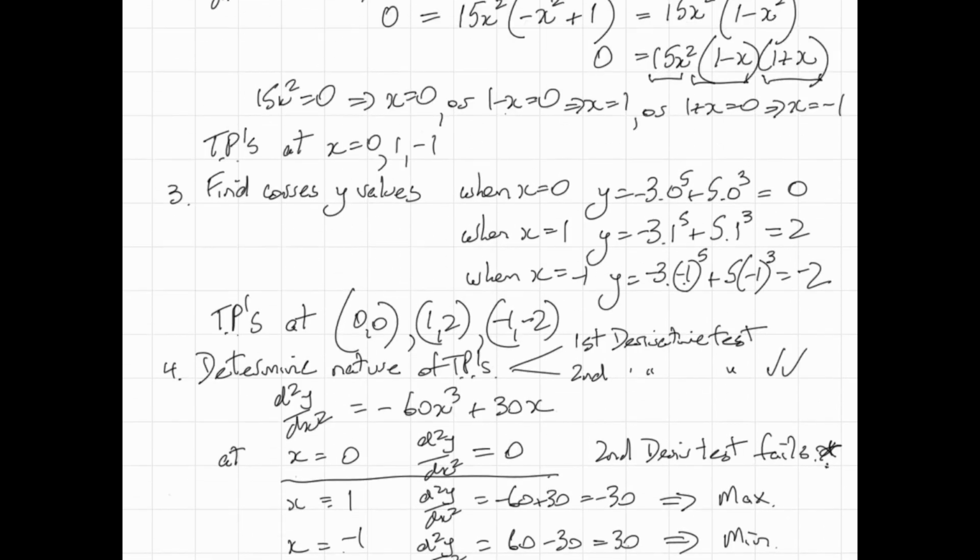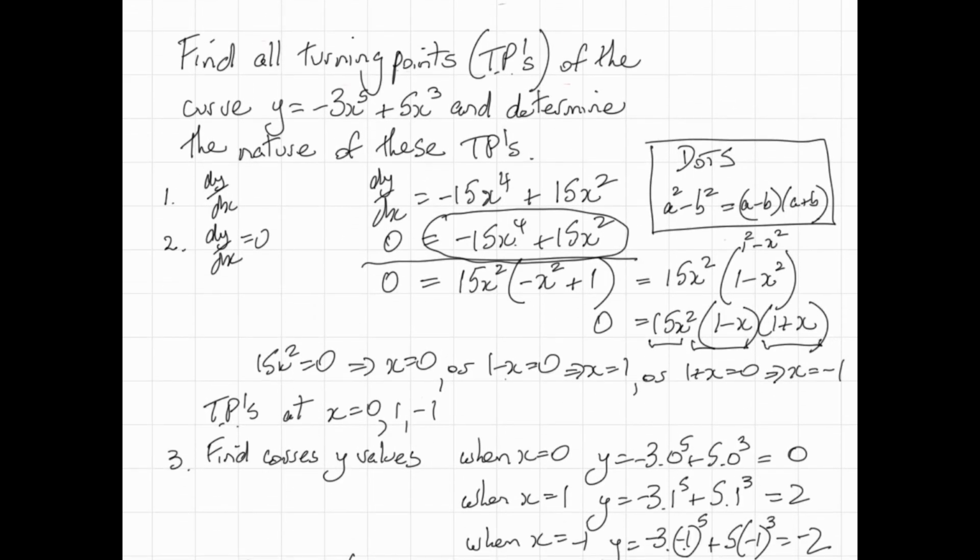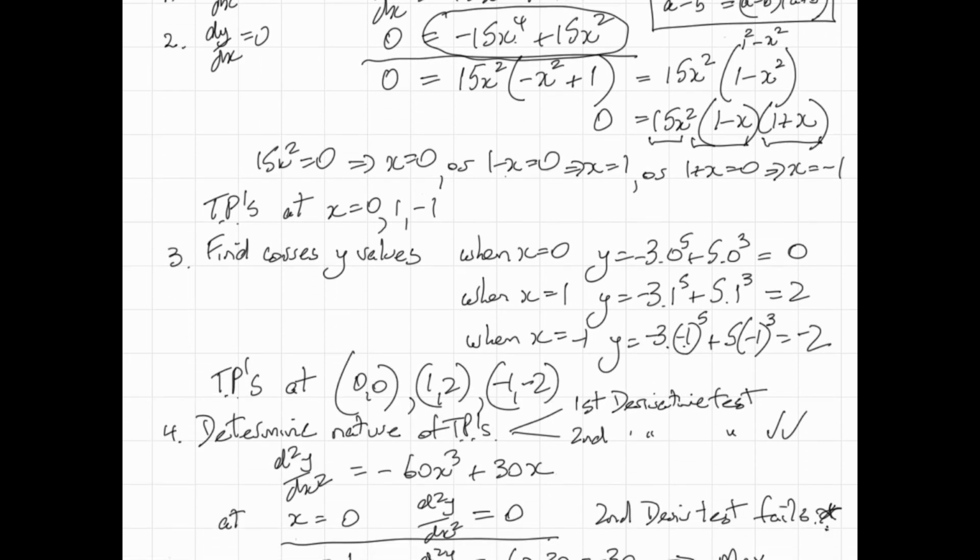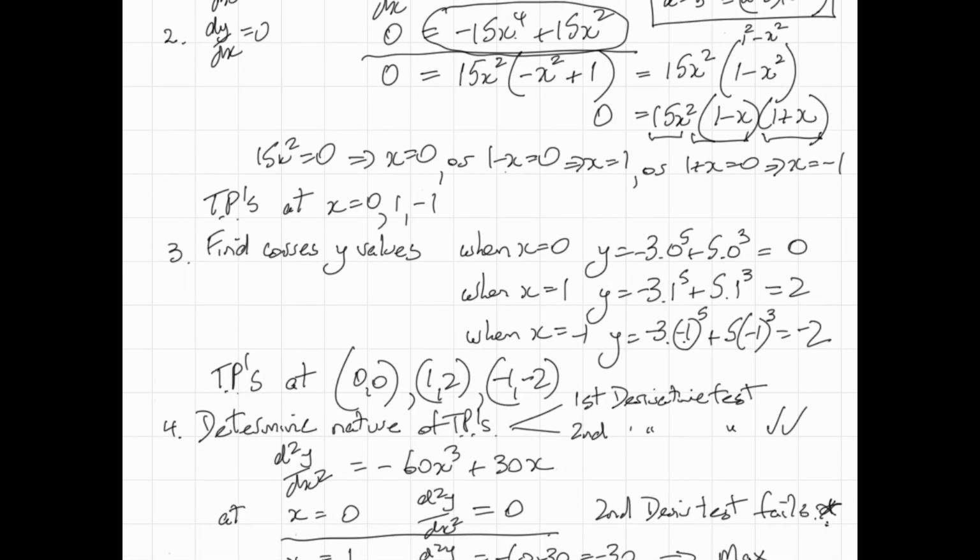So going back through it again, when you're asked to find turning points, and this is an important part of this course, to be able to do this, is to find all turning points and their nature. Use the template: differentiate, make dy dx equal to 0, never divide by the unknown, but factorise. And then once you've got those x values, substitute in to find out the corresponding y values.